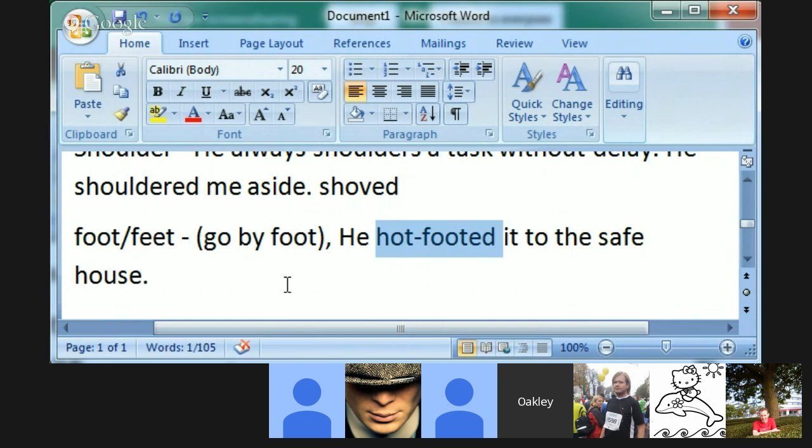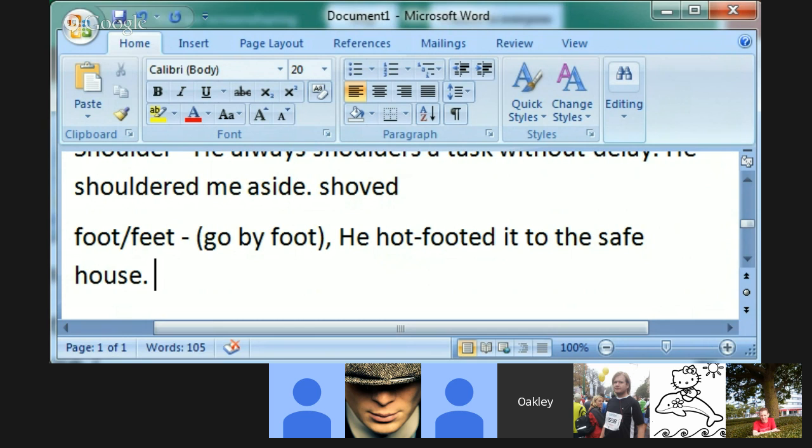Like fast during dangerous action, like in movies when the hero is running and behind him a fire. Yep, hot-footed away from the explosion, like every action movie you've ever seen.